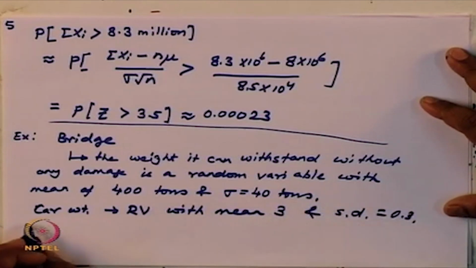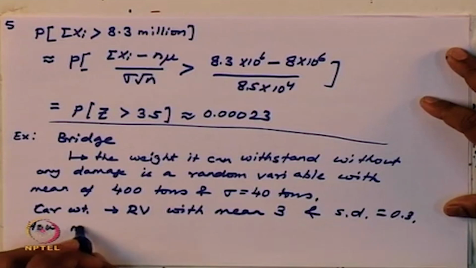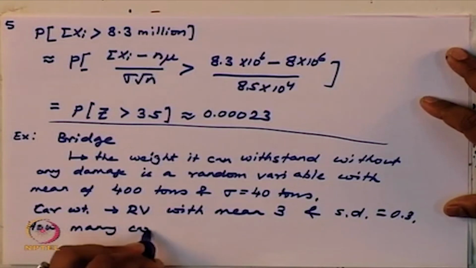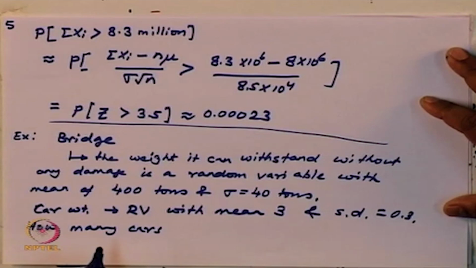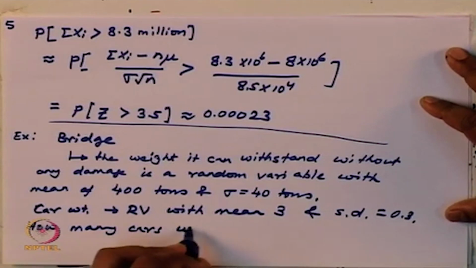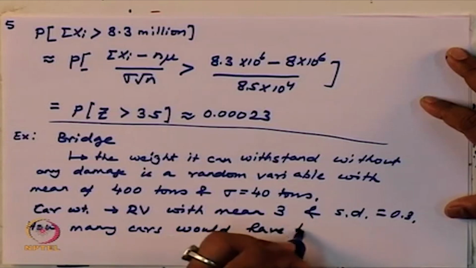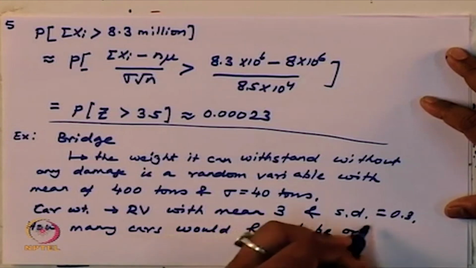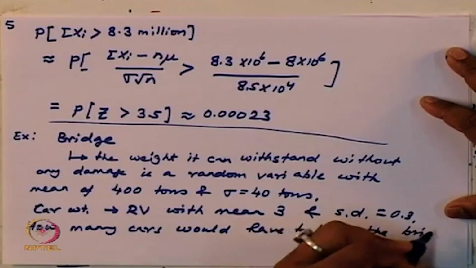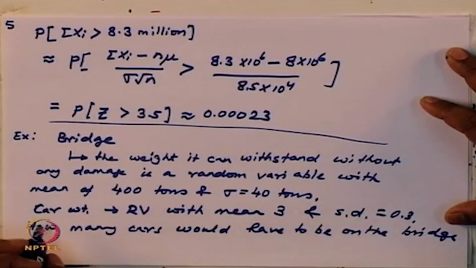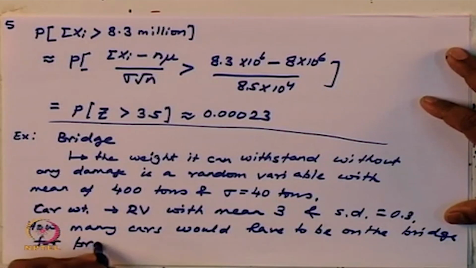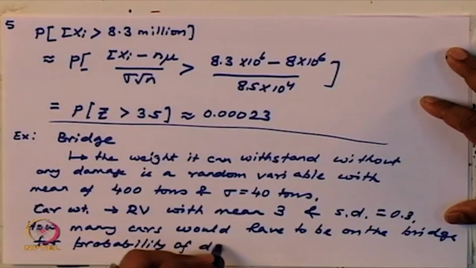So, the question is how many cars would have to be on the bridge for probability of damage equal to 0.1.